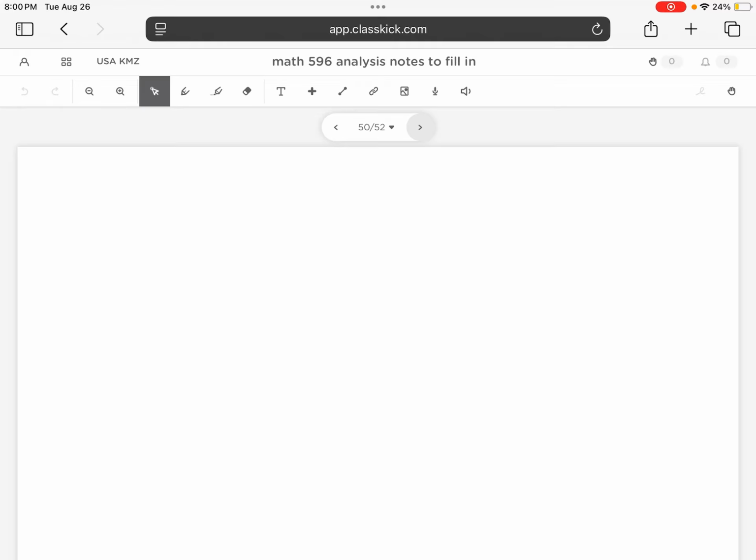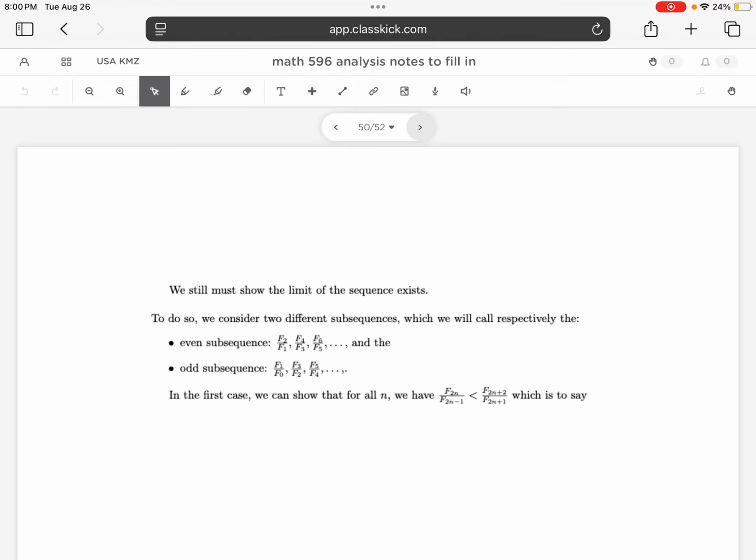So let's see, I'll give myself space on the next page. Okay, so we still must show that the limit of the sequence exists. To do that, we're going to look at two different subsequences. We're going to call one the even subsequence, and the other the odd subsequence. If R_n is equal to f_n over f_{n-1}, this even subsequence that we're looking at is going to be R_2, R_4, R_6, and so on.